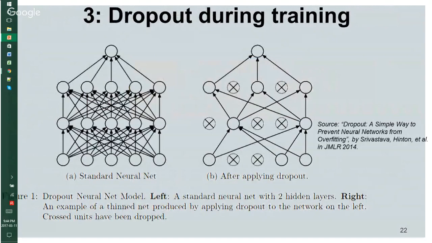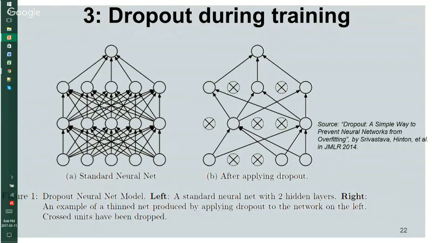Another pretty standard technique these days in training your CNNs is using dropout. If you look at this neural network, I'm just using an example of a fully connected network, not showing convolutions here.